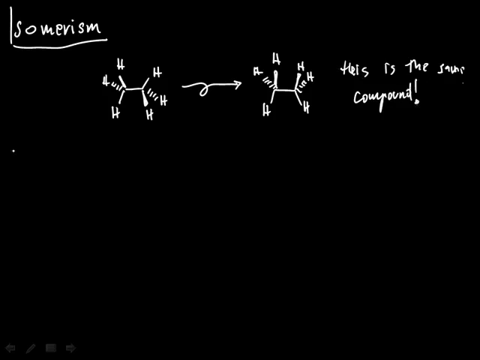But if you look at a molecule with a double bond, and here is an example where we have a double bond and two CH3 groups on the same side of the double bond, and the alternative where the two CH3 groups are on the opposite sides of the double bond, now we know that the rotation around a double bond is not allowed, it's rigid.